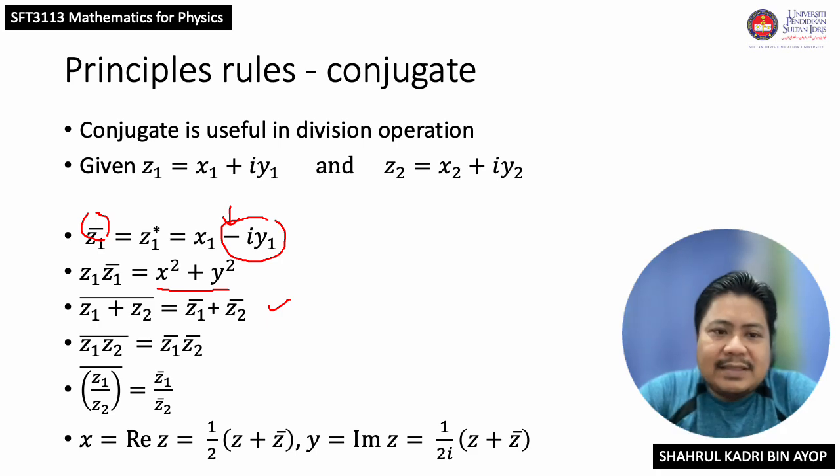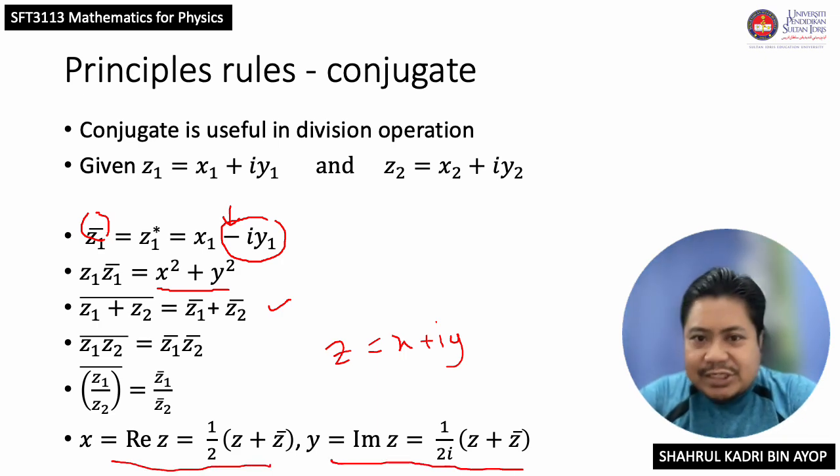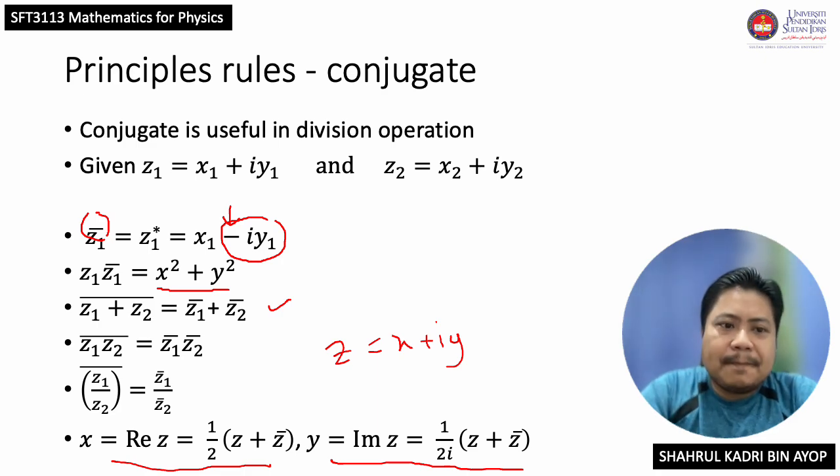And also these are properties of the conjugate, where z equals x plus iy. These are useful properties that can be used in the operation of complex numbers.